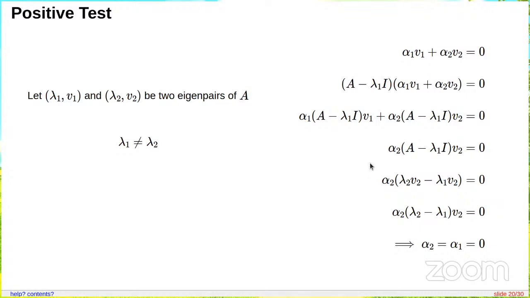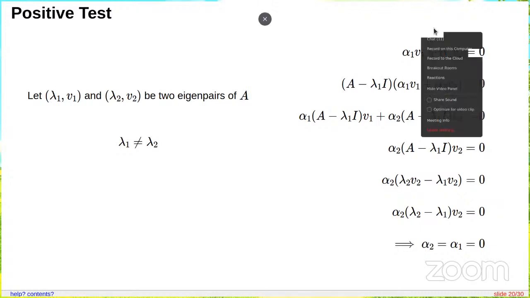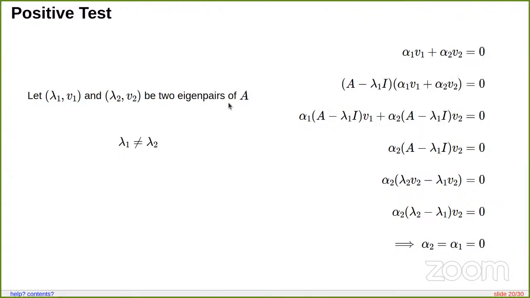Like how the transformation happens, like (A − λ1 I)v2 = 0 with alpha 2, and the next step, how it becomes alpha 2 into λ2 v2 minus λ1 v2 equal to 0. That step people are not understanding. So if you can give a picture in the starting only, that equivalence, so that we'll be able to follow it. Okay.